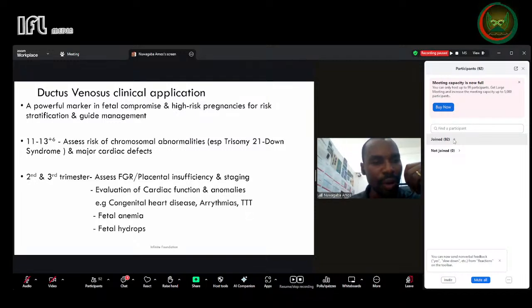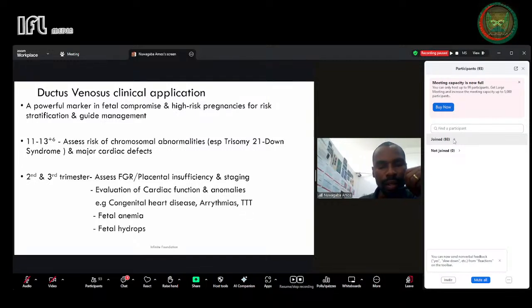Now, in the first trimester at 11 to 13 weeks and 6 days, we use ductus venosus to assess the risk of chromosomal abnormalities and major cardiac defects. Of course, we do not use this assessment in isolation.